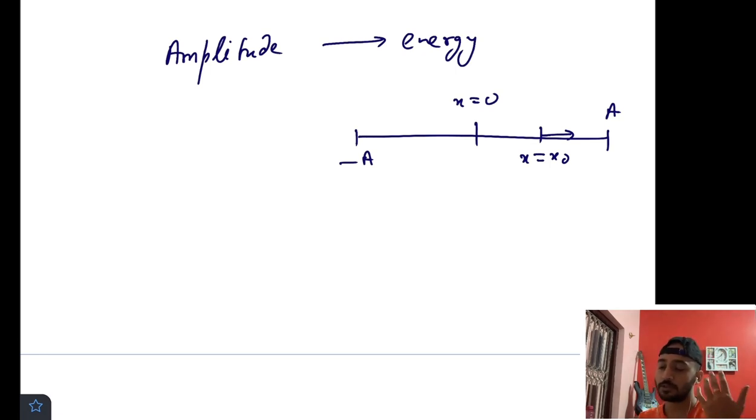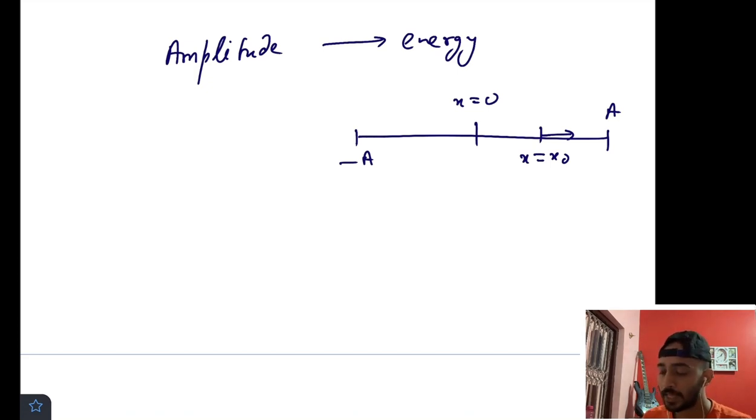Of course, the position and the speed must balance each other, so that it reaches till x equals a, it does not go further than a. But what I am trying to say is that even if you fix the total mechanical energy, that means even if you fix the amplitude of the SHM, there can be an infinite number of further solutions, because the starting point and direction of velocity can have infinite combinations.